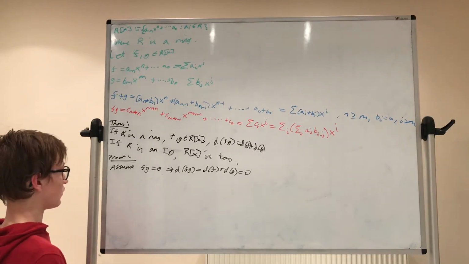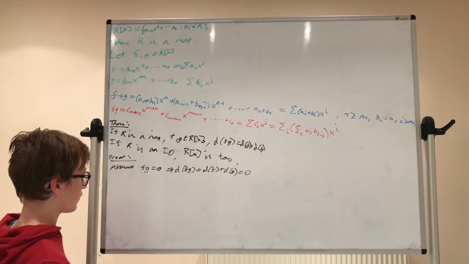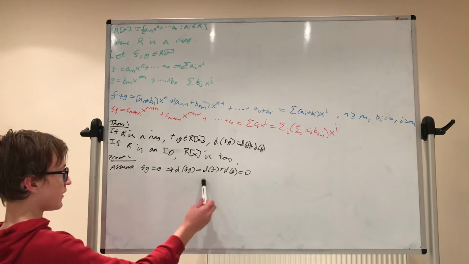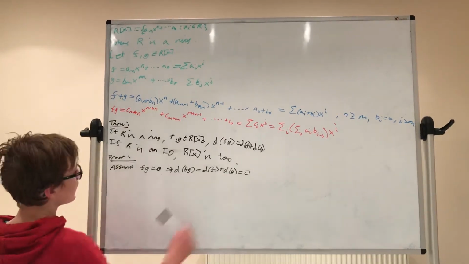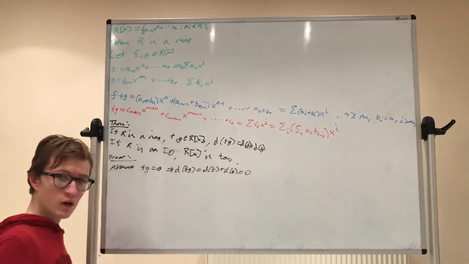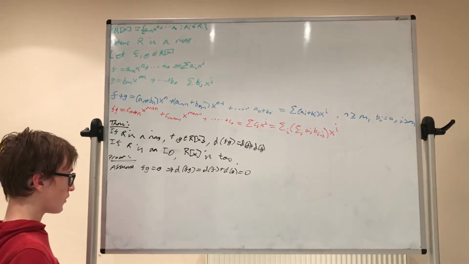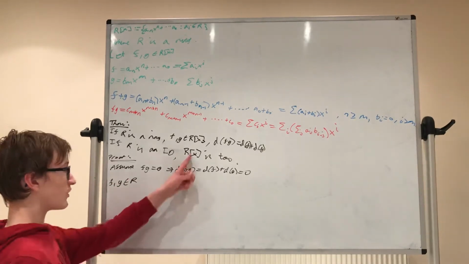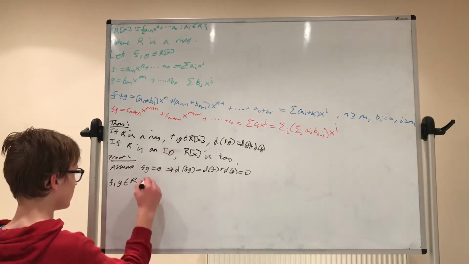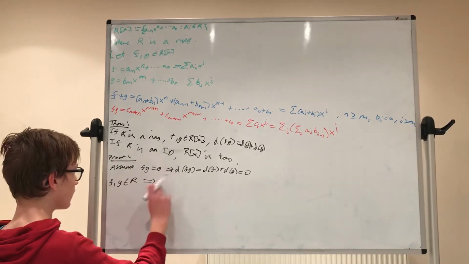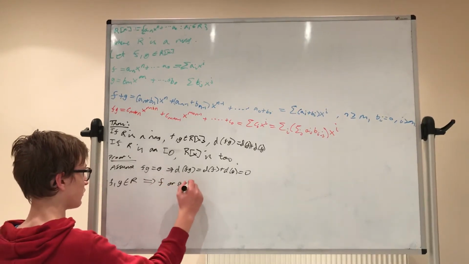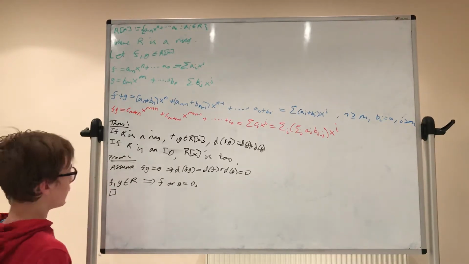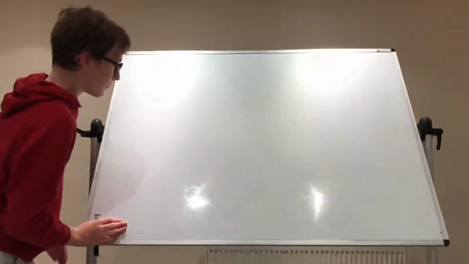If fg is equal to 0, then this means that f and g are both constant polynomials, which means that f and g are in R. But since R is an integral domain, this implies that f or g equals 0. There we go.